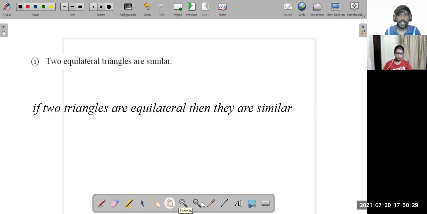Okay, now in this, the antecedent, two triangles are equilateral. This is the antecedent.